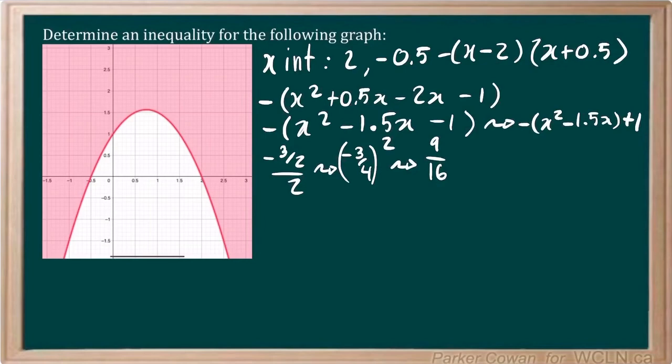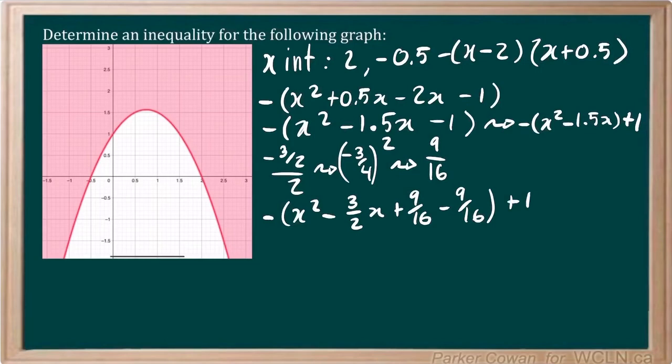So that's going to be what we're adding and subtracting from our complete the square, right? Inside these brackets. So we have negative x squared minus 1.5x. And you know what? Just for the sake of consistency, I'll make this a fraction as well. 3 over 2x plus 9 over 16 minus 9 over 16.